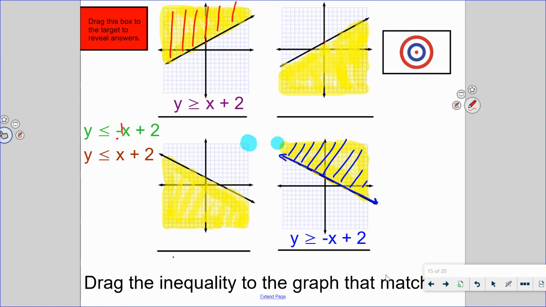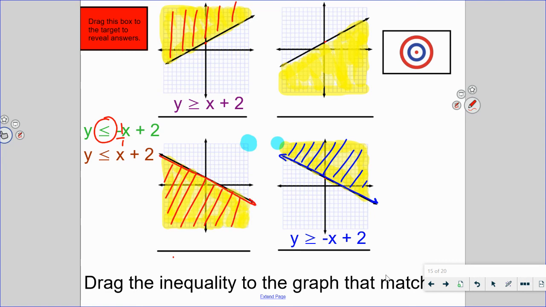Green example, solid line, negative slope. And we're looking for all the points that would be less than or equal to. And so naturally, that one will go with this one.